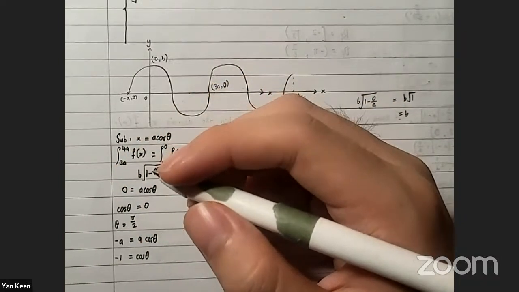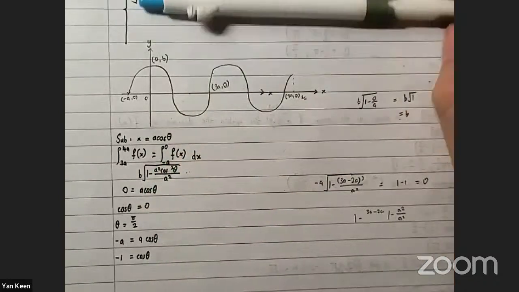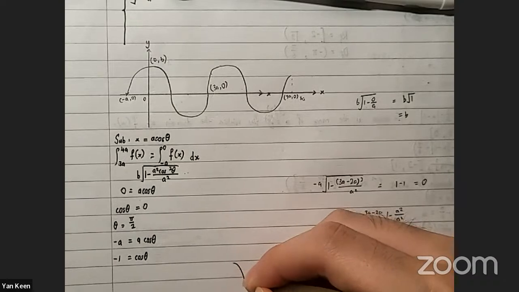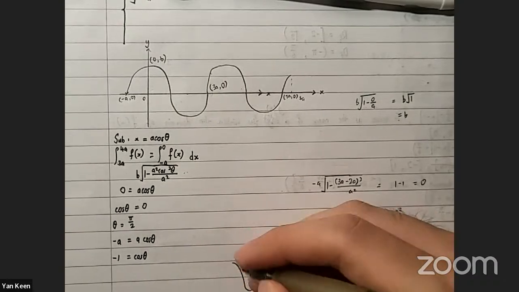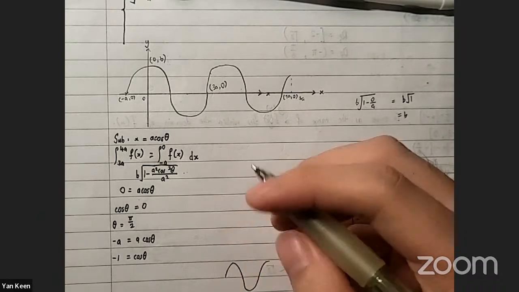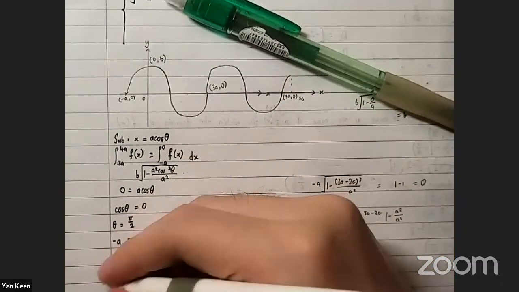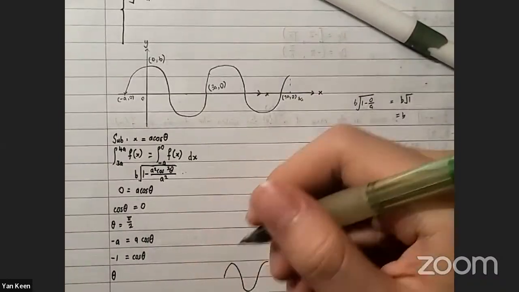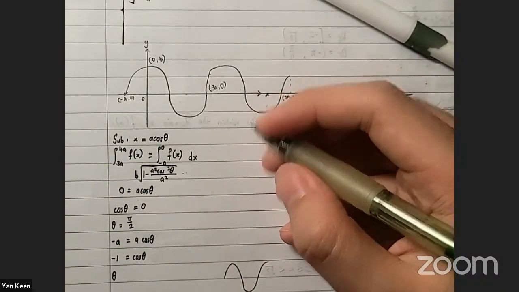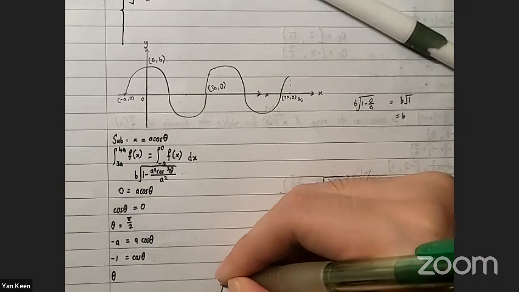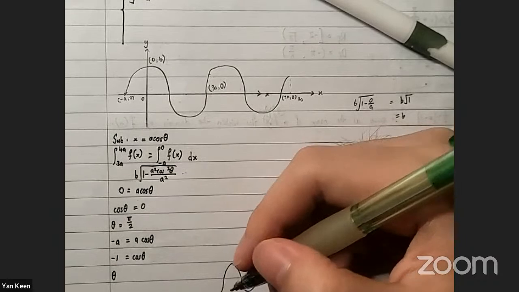You could graph the cosine theta if you want to know, or you could just draw the cosine theta immediately and find out where the negative one is. You could immediately do that. So where's negative 1 at theta is equal to? So negative 1 would be here.